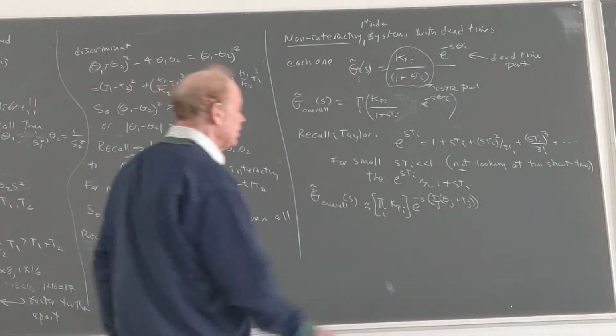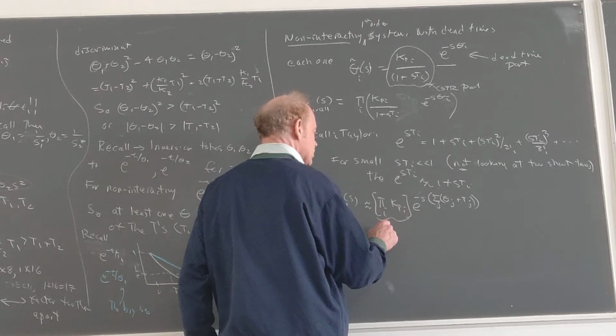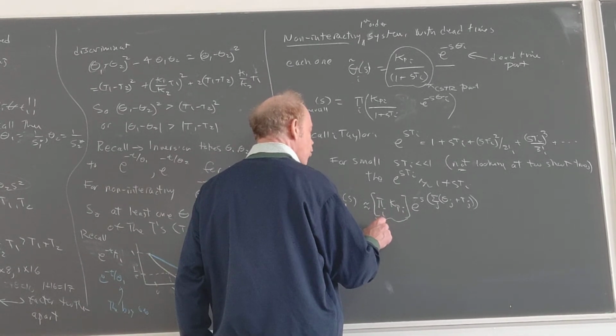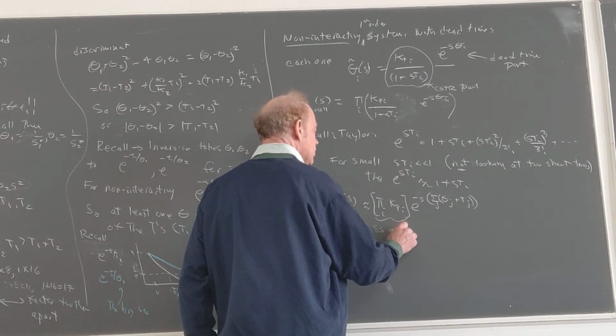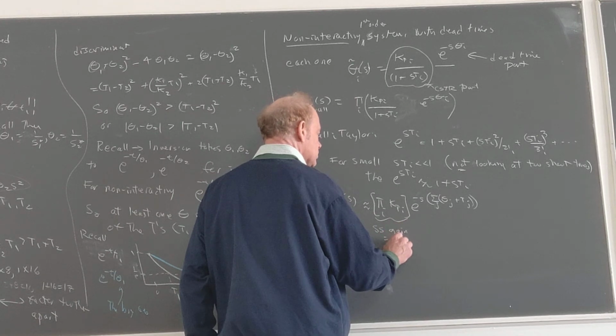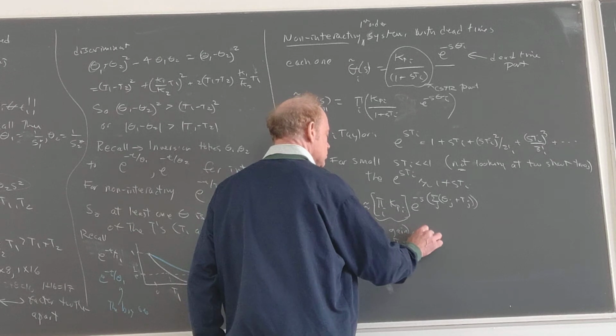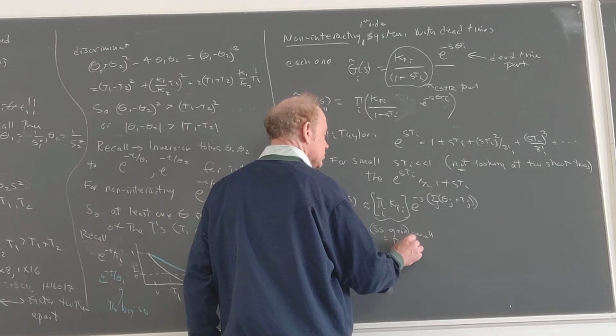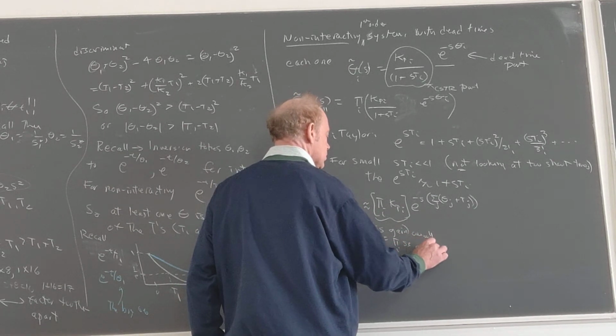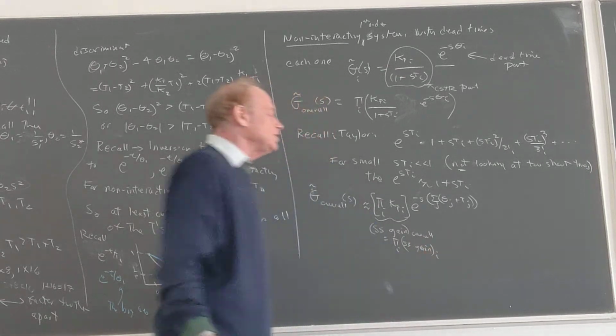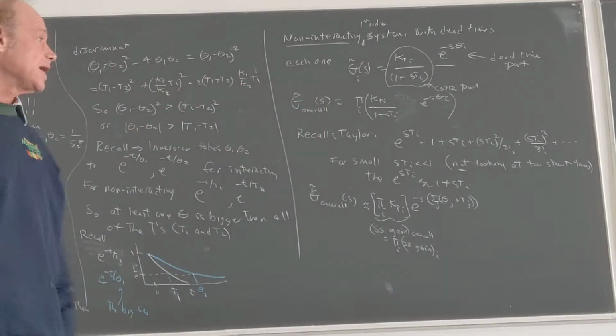So what does this say? This is the product of the steady-state gains. The overall steady-state gain is just the product of the individual steady-state gains.